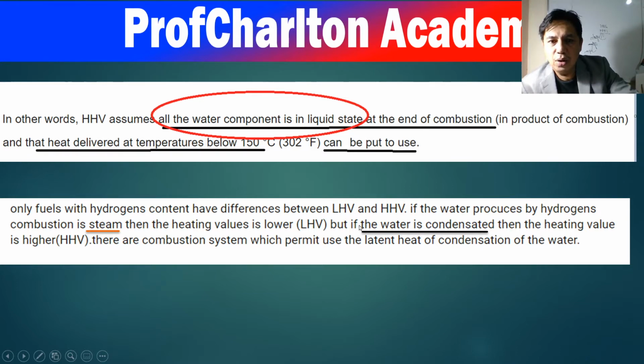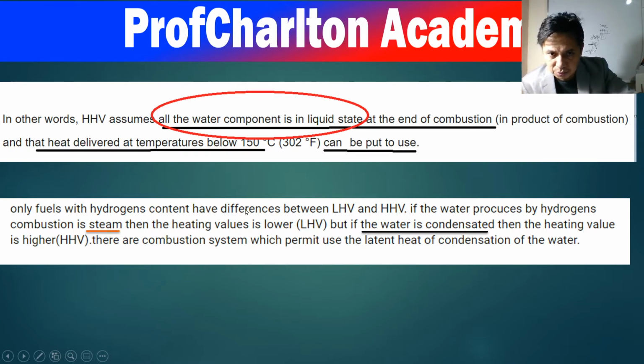But the lower heating value is where the water is steam, vapor, so the heating value is lower.